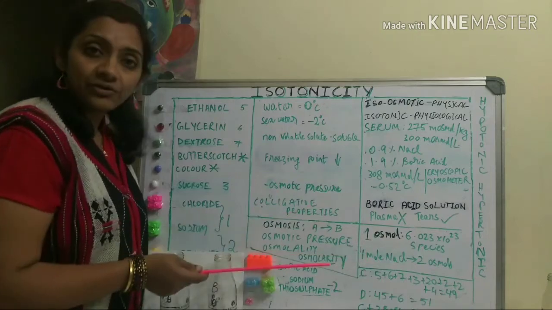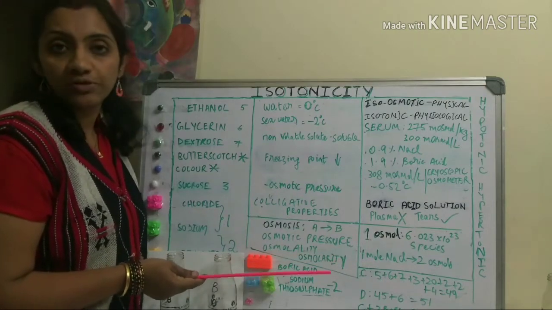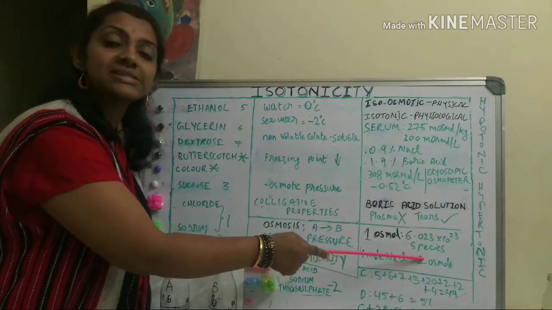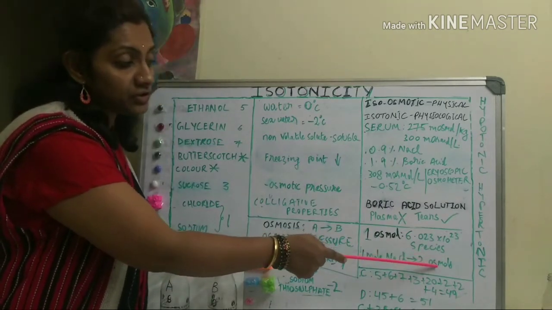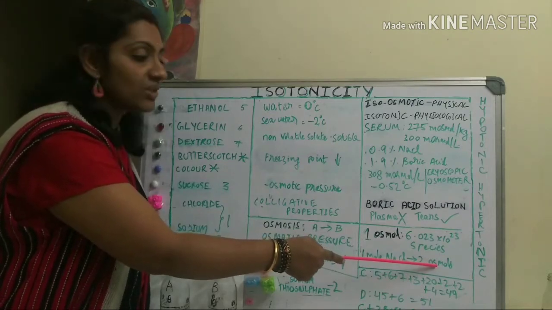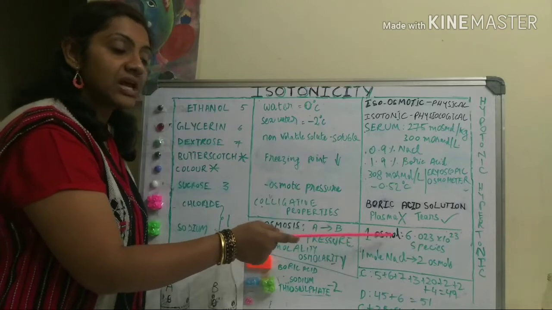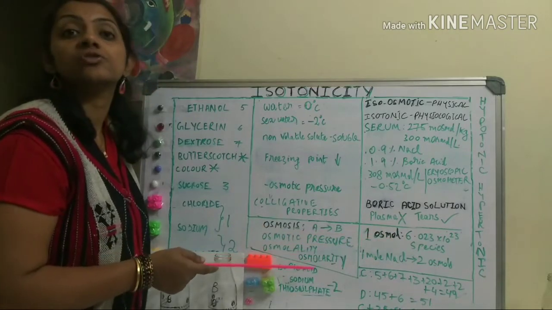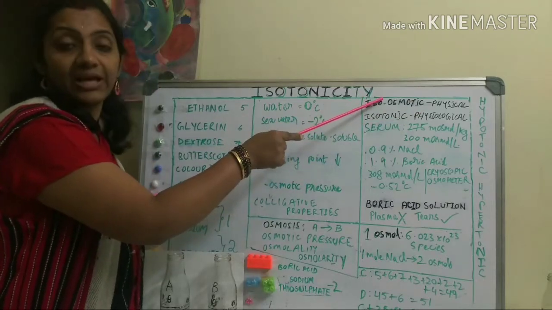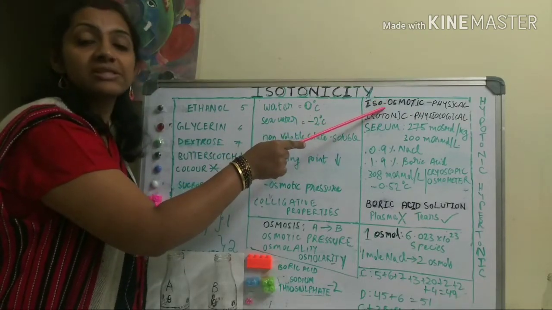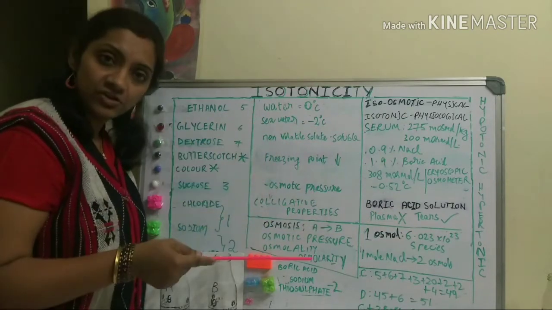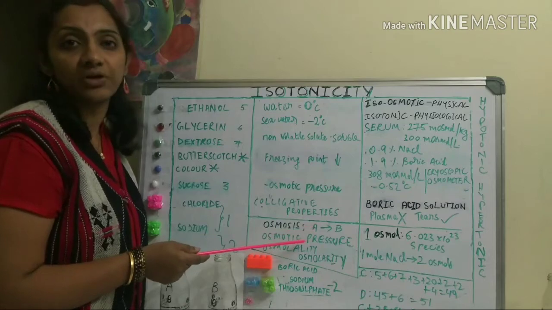An electrolyte like sodium chloride, 1 mole of sodium chloride would give 2 osmoles. 1 osmol is the Na plus ion, the other osmol is the Cl minus or the chloride ion. So, systems which are having the same osmolality or osmolarity are termed isoosmotic. And if a solution is having more osmoles, it is hyperosmotic, and lesser osmoles, it is hypoosmotic.